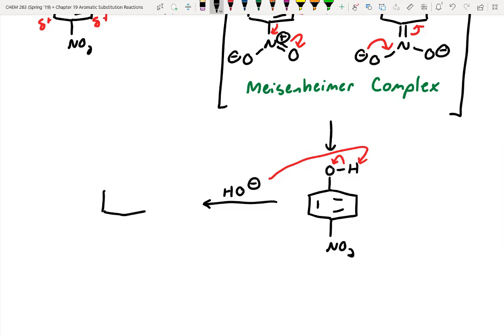Oh boy. All right. So if we think about the conjugate base, why is the conjugate base so stable? Resonance, there we go. So it's really, really hard to stop at the neutral species.